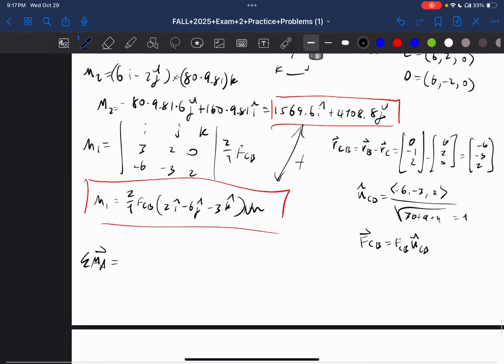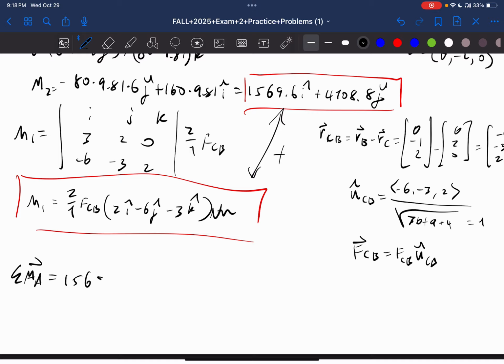So if we just look, we're going to have the I components plus I components, which is going to be 1569.6 plus 2/7 FCB times 2, which makes this 4/7. Do we have other I components? We do, so plus Mx in the I direction.